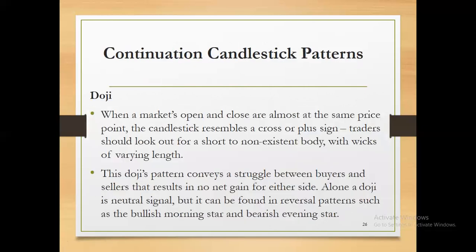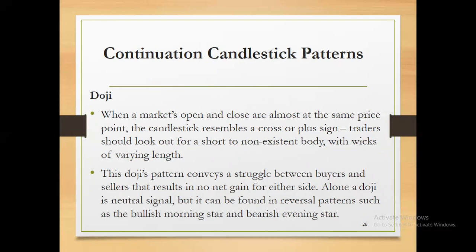We also have a continuation candlestick pattern, and the only one I will talk about is just the Doji. When a market's open and close are almost at the same price point, the candlestick resembles a cross or plus sign. Traders should look out for a short to non-existent body with wicks of varying length.